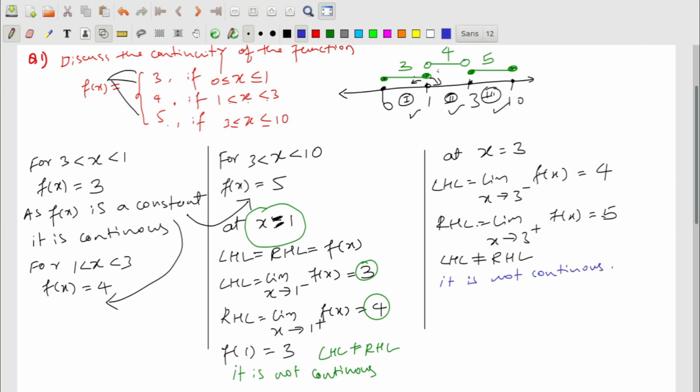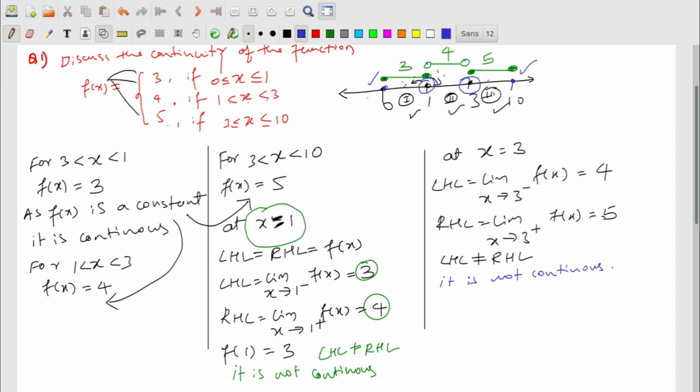Okay, fine. So now see, you can't take 0 and then 1 because the function is not defined for less than 0. See here, what is the range? It starts from 0. The function is not defined for less than 0, neither is it defined for greater than 10. So you can't find the continuity of the function at 0 and 10, these 2 points. So that's why we need to take 1, 3 and all the 3 regions, right?